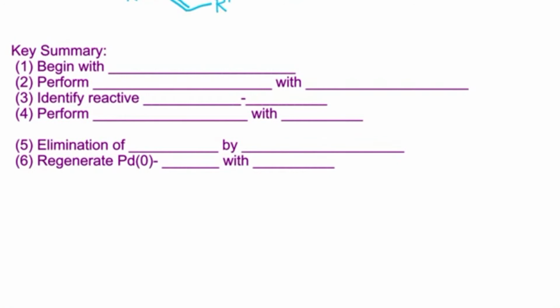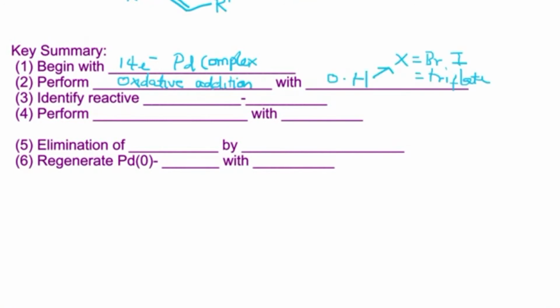The Heck reaction, in conclusion, begins with a 14 electron palladium complex. You perform your oxidative addition with your specific organohalide, and then you identify the reactive sigma bond on that particular palladium complex that you generated after the oxidative addition.